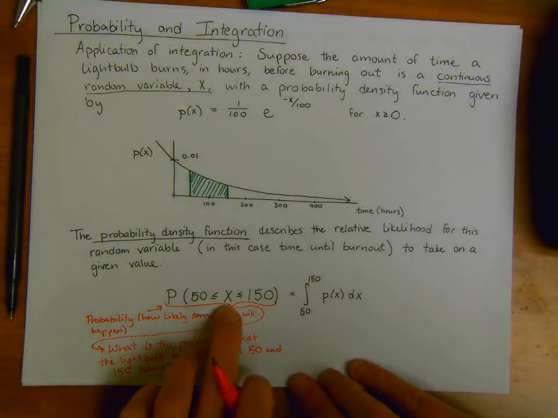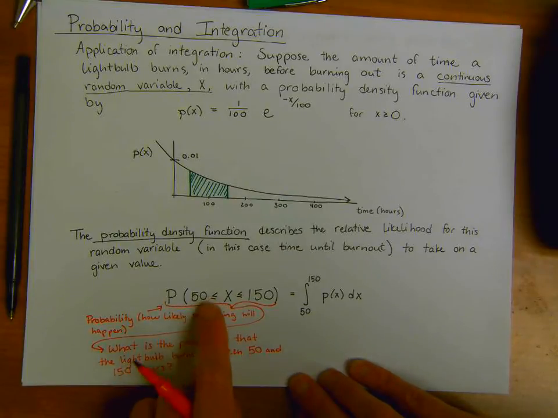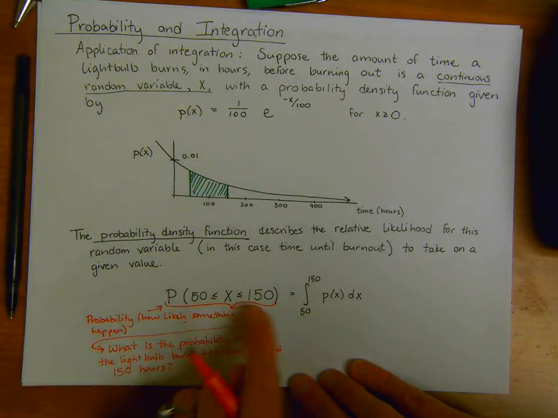Because x, our random variable, is measuring how long the light bulb burns, and we want to know how likely it is that it burns between 50 and 150 hours.